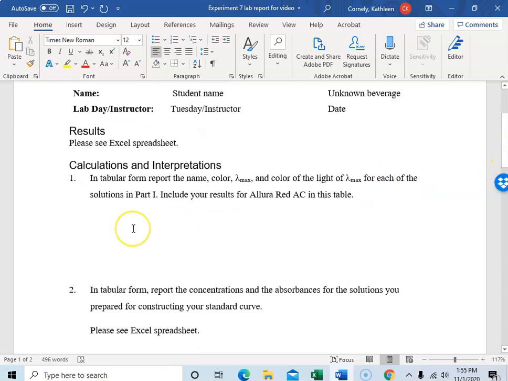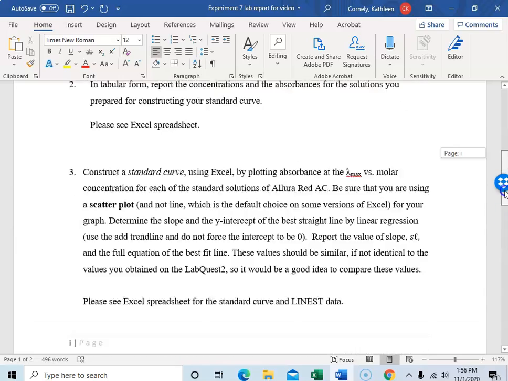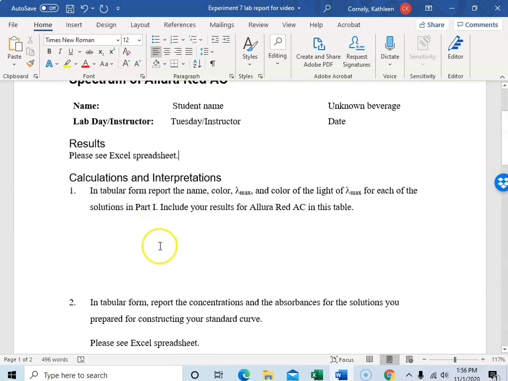Moving on to calculations and interpretations, I have the 4 requirements here. Some of these things are also in the spreadsheet, but not everything. For example, in the first question, you were asked to construct a table that has the name, the color, the Lambda Max, and the color of the light of the Lambda Max for each of the solutions that you measured in part 1.